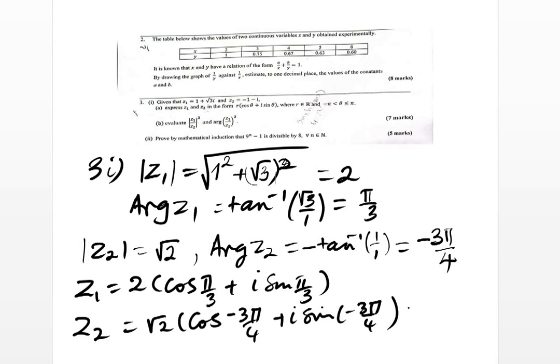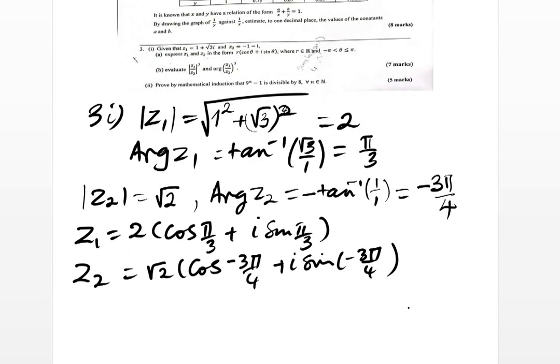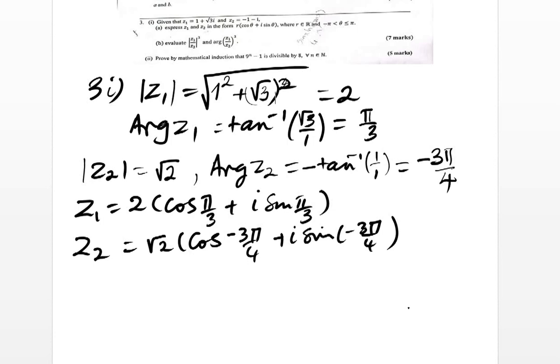Okay. Now, having obtained those values, we also evaluate (z1 over z2) all cubed. We know that the modulus of z1 over z2 is the modulus of z1 over the modulus of z2. Here the modulus of z1 is 2 and that of z2 is root 2.